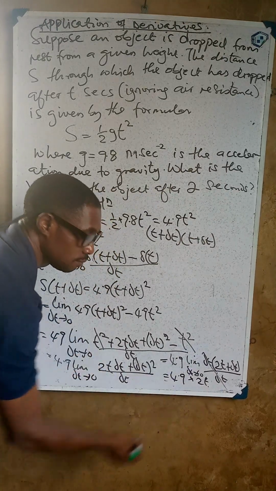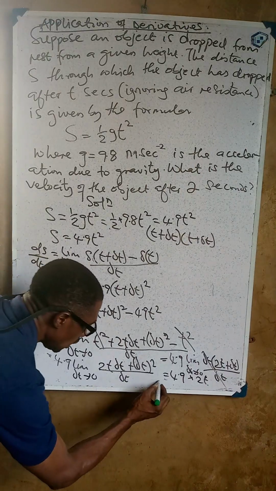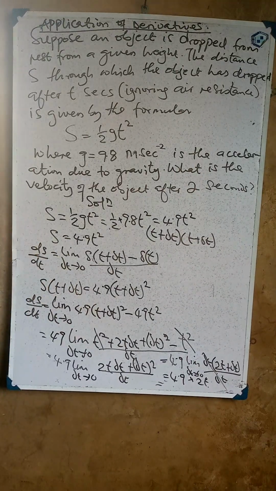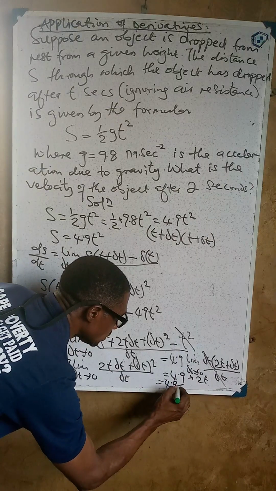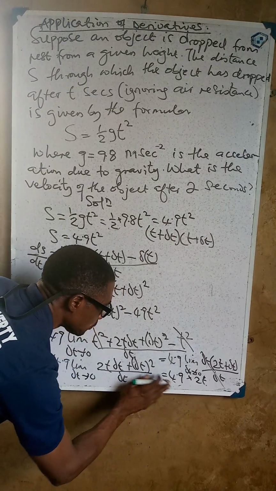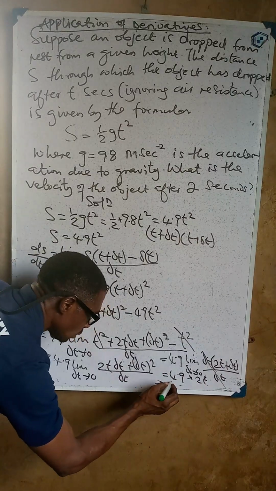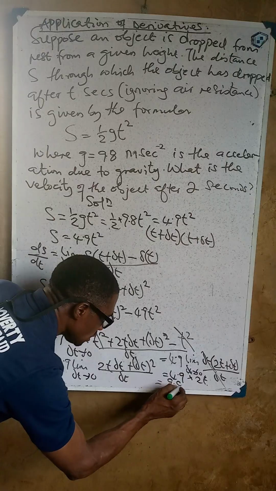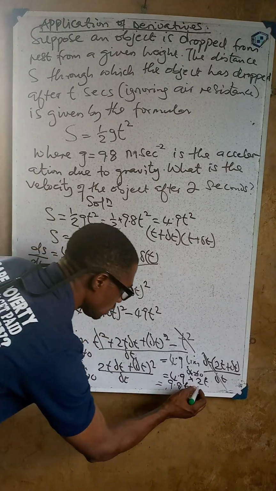So after the factorization, this becomes 0. Therefore, the velocity is equal to 4.9 times 2t. That gives us 2 times 4.9, which is 9.8 t.